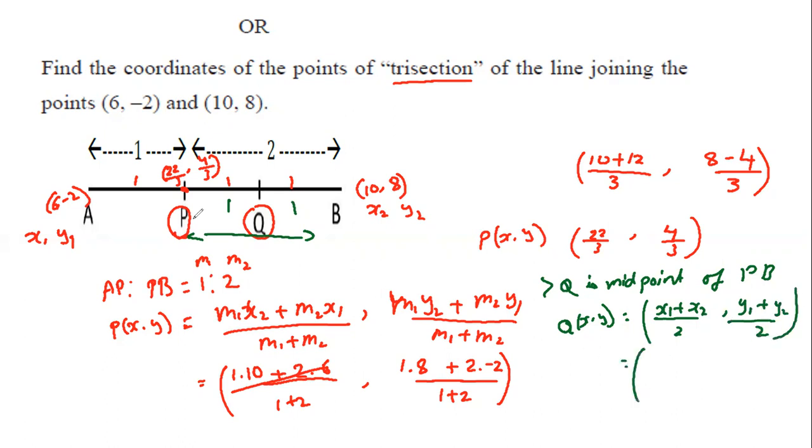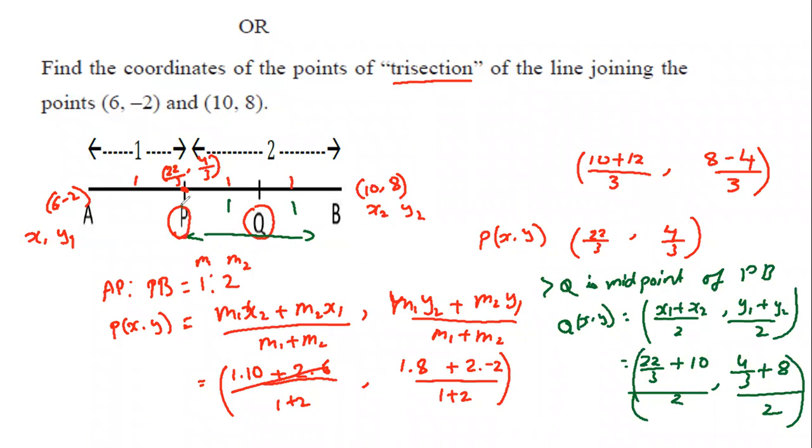Here x1 is 22 by 3 plus x2 is 10 divided by 2 comma y1 is 4 by 3 plus y2 is 8 divided by 2. Simplify this, you will get the answer for Q.